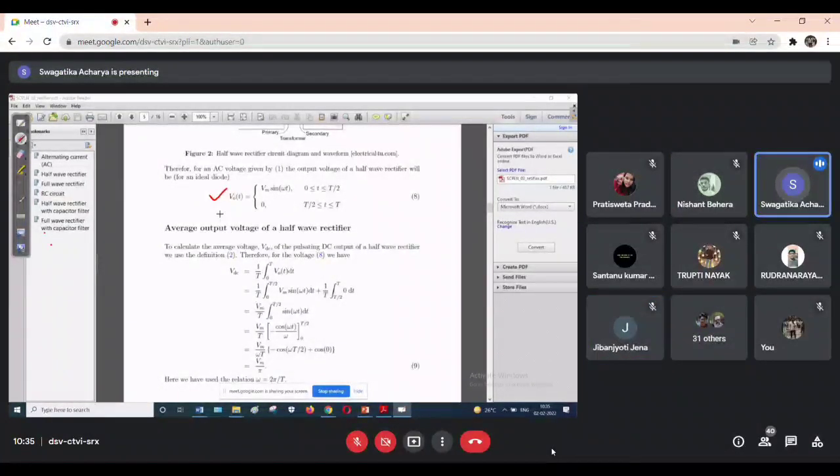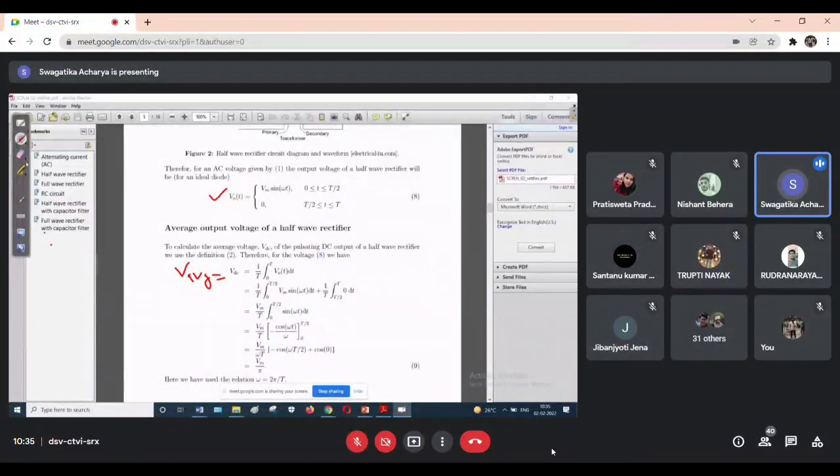So from there, you can find out your average output voltage. Your average output voltage, you will take like this, VDC. You can represent your average output voltage as VDC, or V average. You can say V average is equal to VDC. To calculate the average voltage VDC of the pulsating DC.